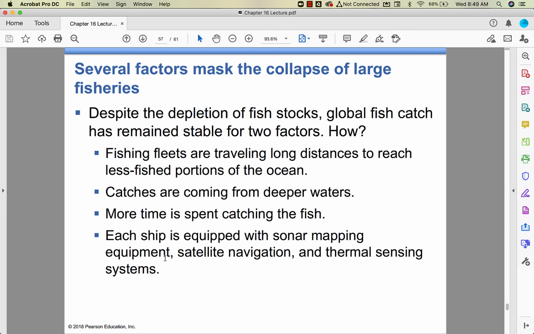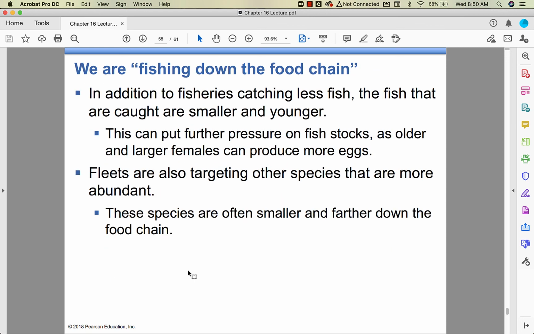Technology is getting better, and boats are traveling further to get their catch. So that's one of the reasons why there's been such major damage to the fishing industry.